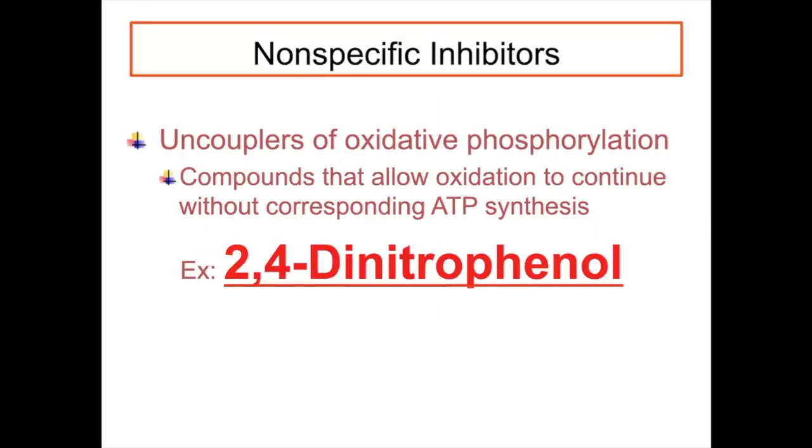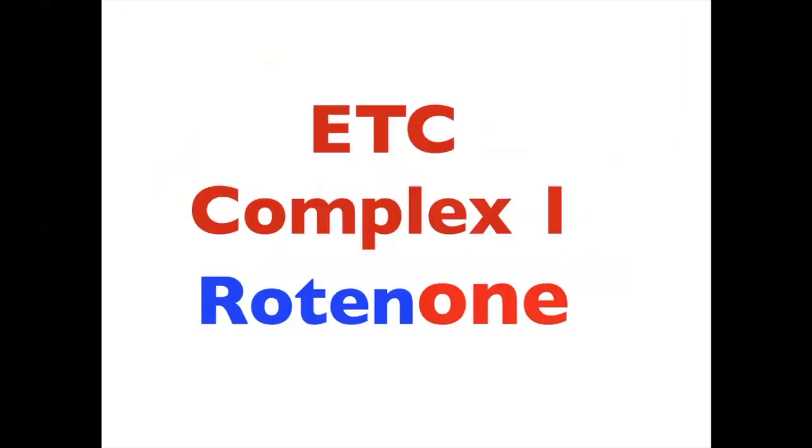So here, uncouplers of oxidative phosphorylation, 2,4-dinitrophenol or 2,4-DNP. Now, look at this visual mnemonic. What are the last 3 letters of the drug rotenone? It's O-N-E, spelled as 1. So what complex does rotenone block?